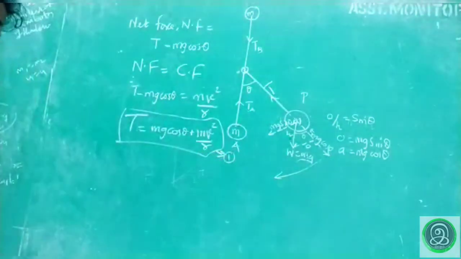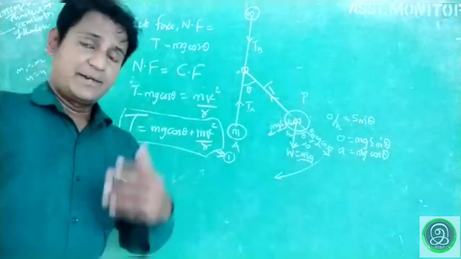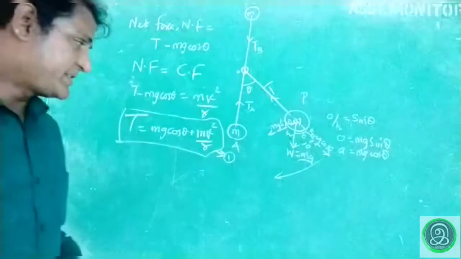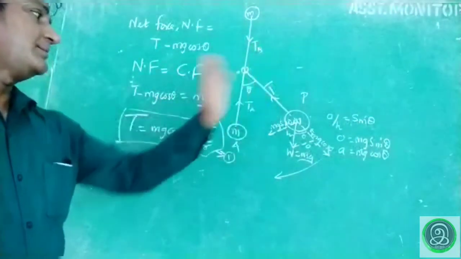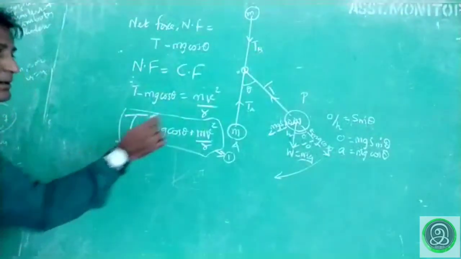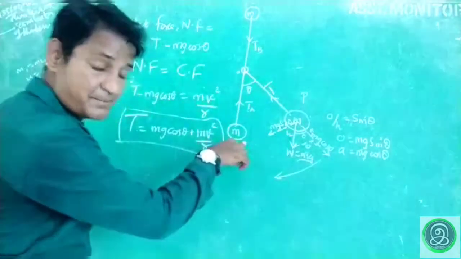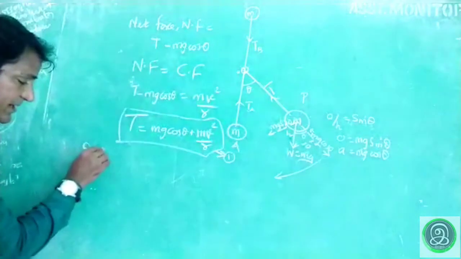Now here when the object is at the position A, then theta will be equal to 0.